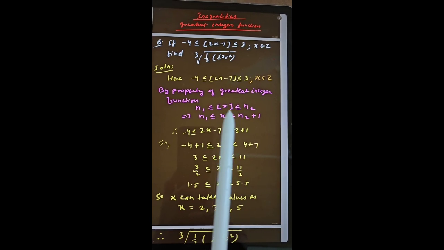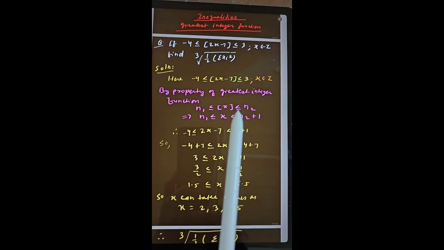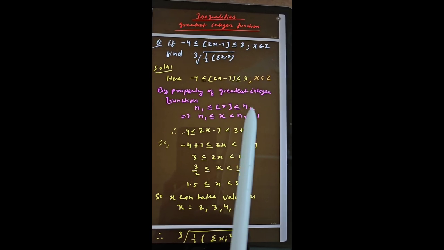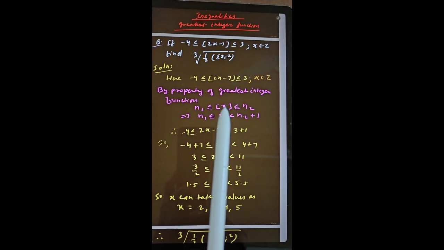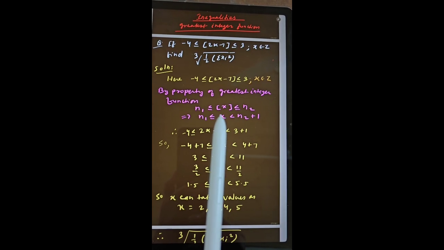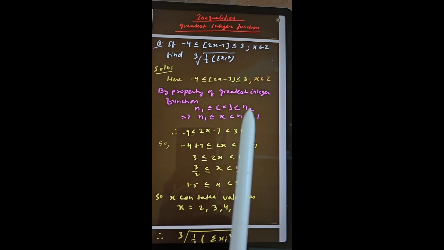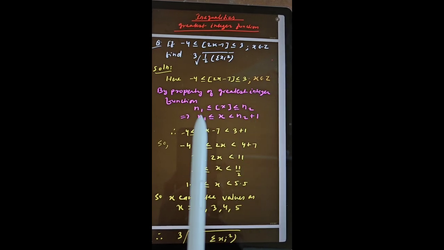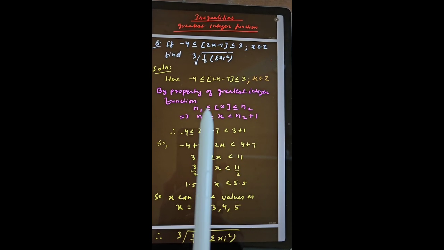I will explain that. Suppose 4.5 is here and we are writing it as less equal to 4. That is okay, but if you remove the greatest number function, 4.5 is not less equal to 4. So we add 1 here. And on the other side of the inequality there is no problem.